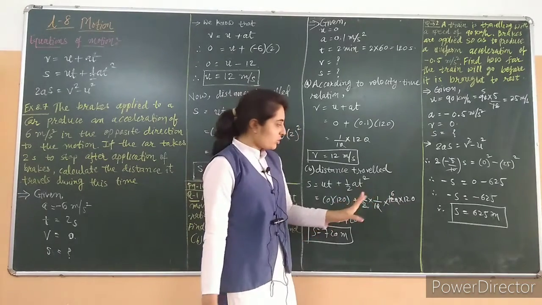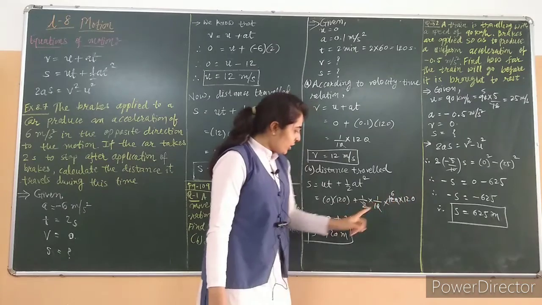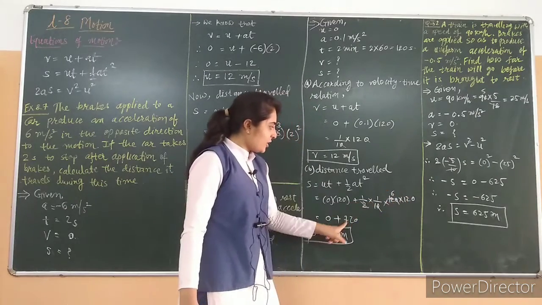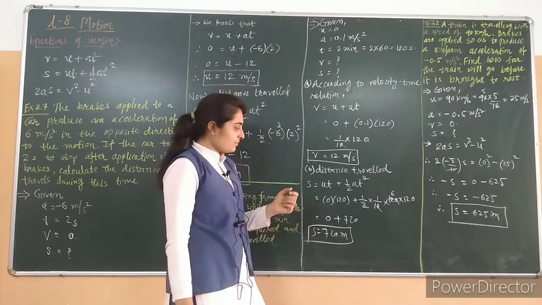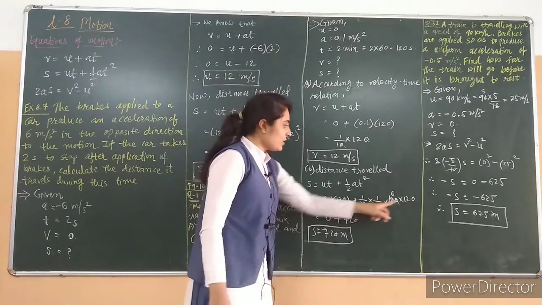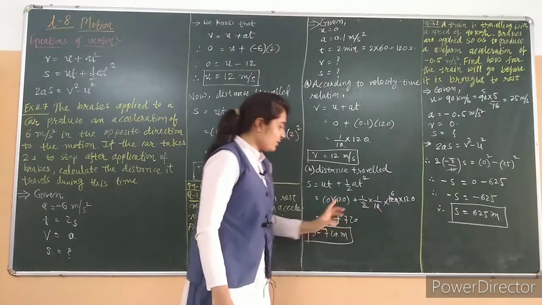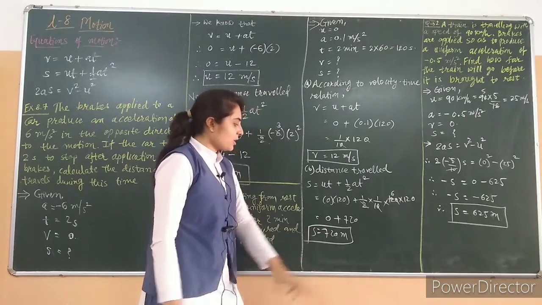So 6 into 120, 12 6 are 72, and 0. So 720 plus 0, that will be 720.